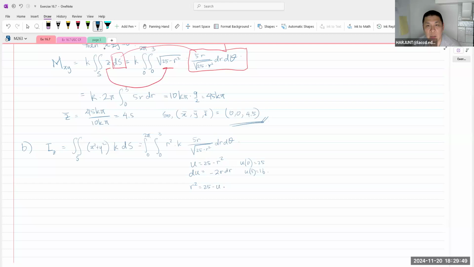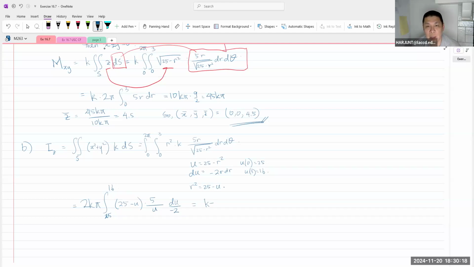So the integral now becomes 2k pi from 25 to 16, the r squared becomes 25 minus u, 5 over the square root of u, and r dr becomes du over negative 2. Cancel the 2 and reverse the limits of integration.